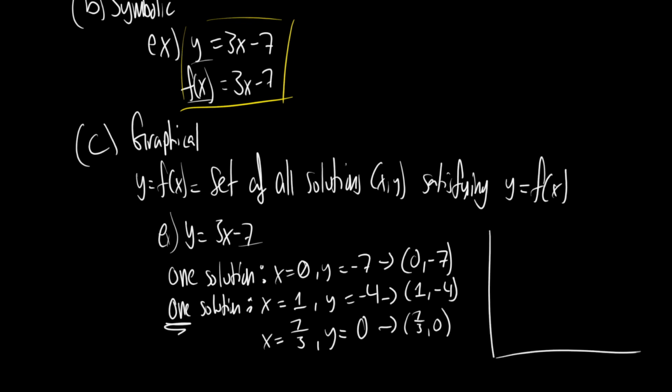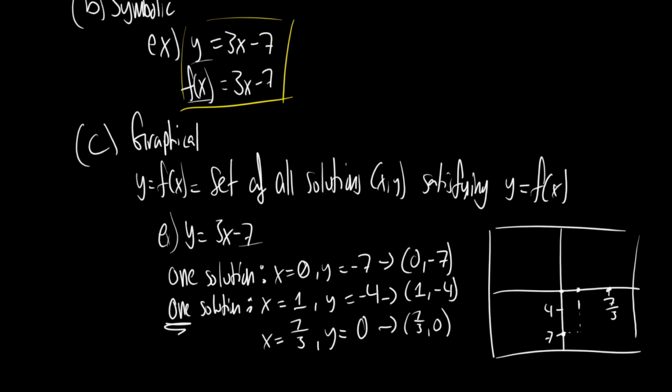So if we were to draw a graph of this and plot these points down, we have 1, 7/3, and of course we have 0 here, so I'm going to create dots for these. We could say 7 down here, 4 here, and 0. So I'm just going to create these waypoints.